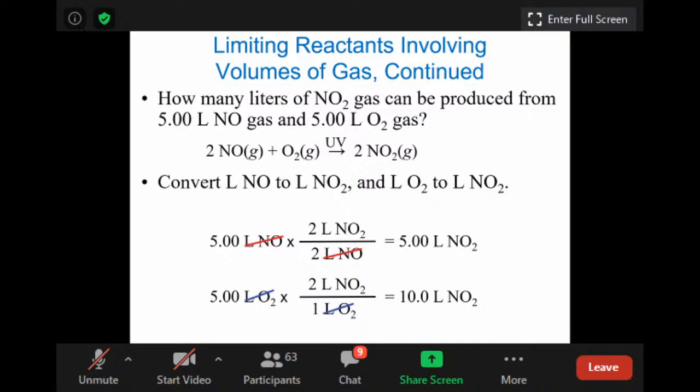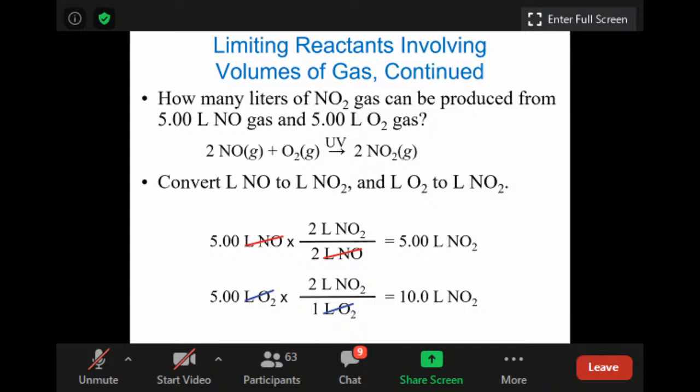You're talking about volume to volume. So that's a cheap problem. So NO will make 5.00 liters of NO2, and O2 will make about 10.0 liters, double the amount.